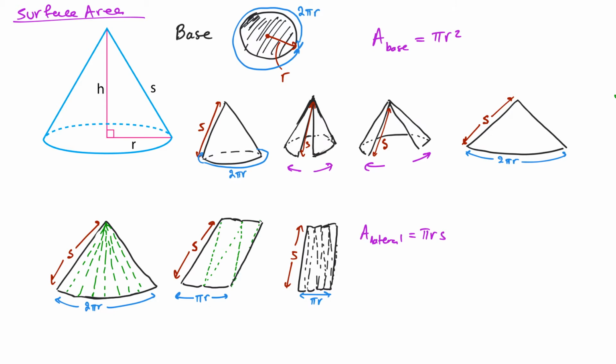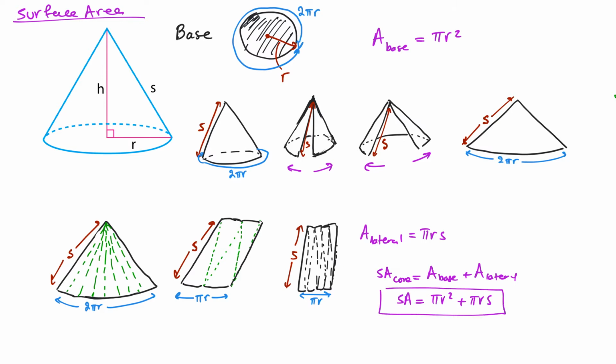So the total surface area of a cone is equal to the area of the base plus the lateral area, which is equal to pi r squared for the area of the base and pi r s for the lateral area.